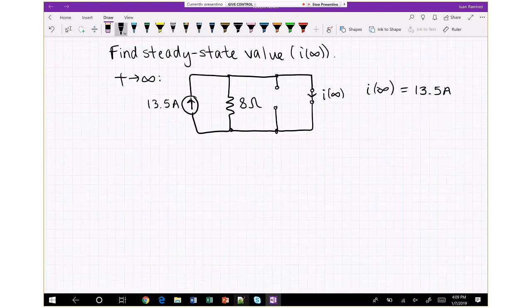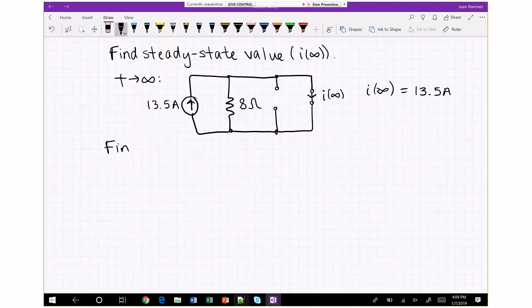Okay, now we're going to find our inductor current. It was overdamped. I'll just write that out.